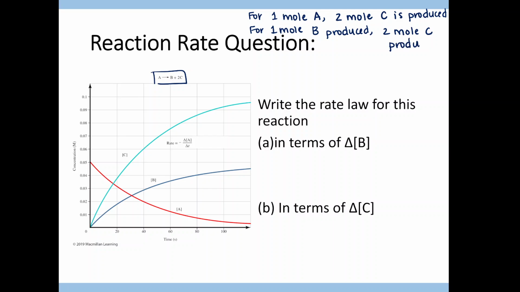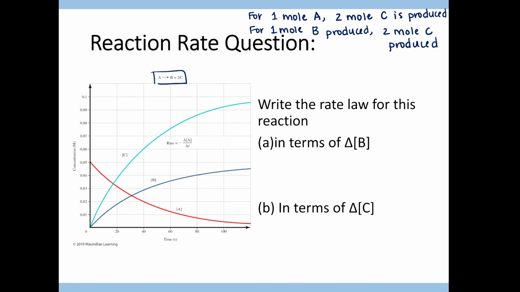So we're just putting words to the molar ratio that's present in that given balanced equation. So A and B have a 1-to-1 molar ratio. C has a 2-to-1 molar ratio to both A and B.